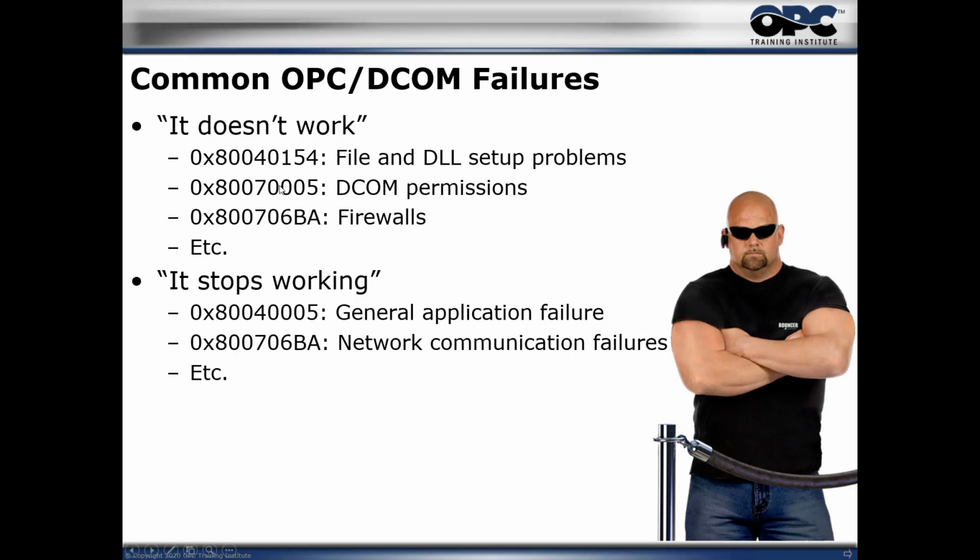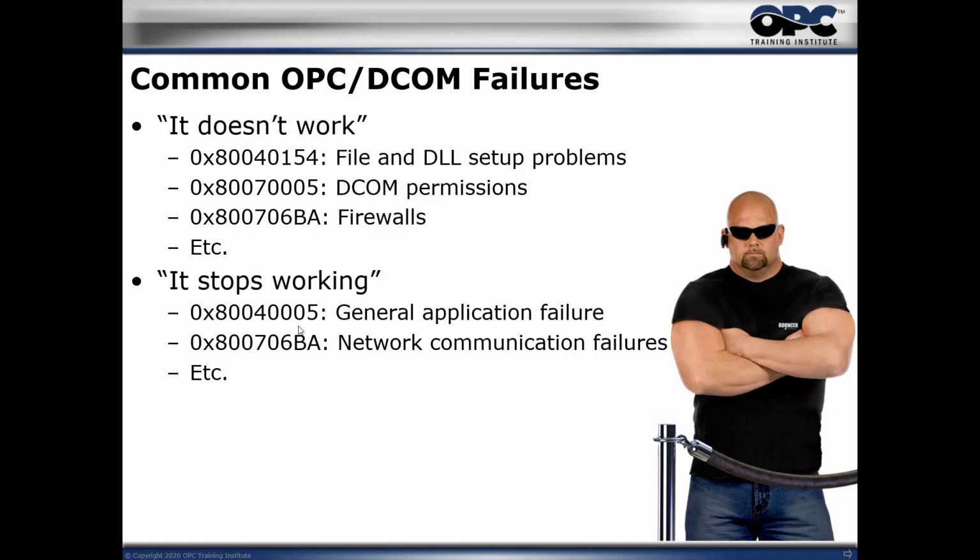These just prevent your applications from starting up in the first place or from making that very first connection. The second class is that it works and it stops. And that's where we see errors like 0x80040005. You may have seen these errors. We have videos on how to get going when you do have these errors.